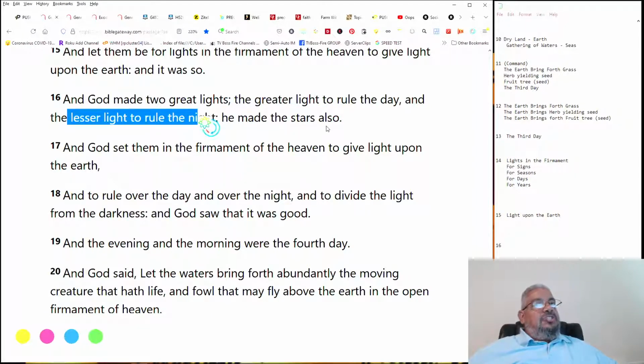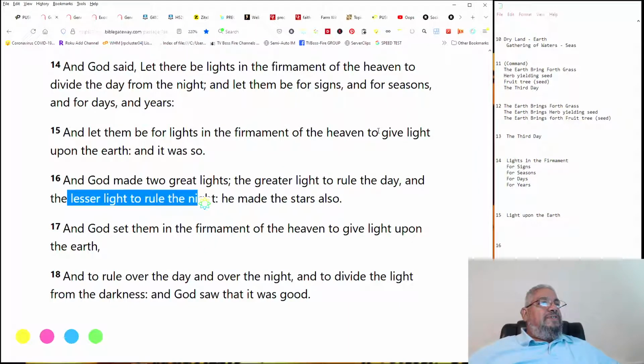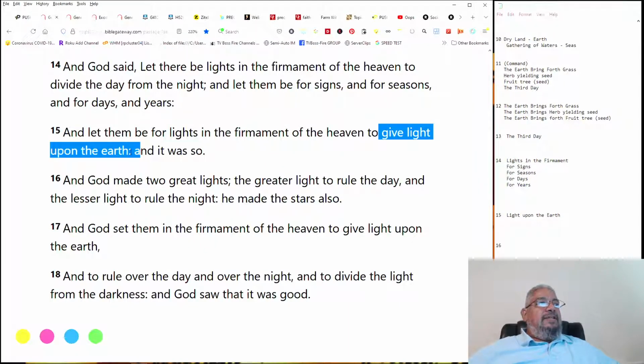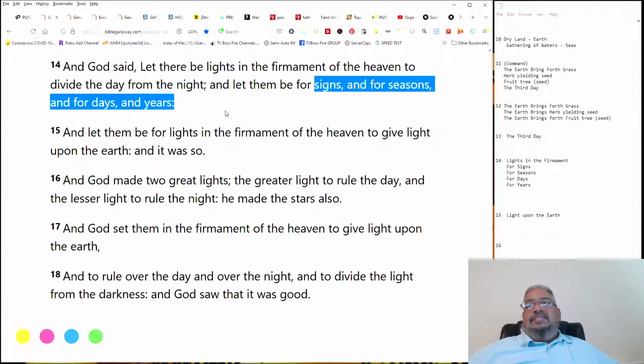He made the stars also. So the stars is almost an admittance that the stars really don't light up things like these other two lights do. But yet, the purpose of the stars are to give light upon the earth, right? And for signs, for seasons, for days, and for years.